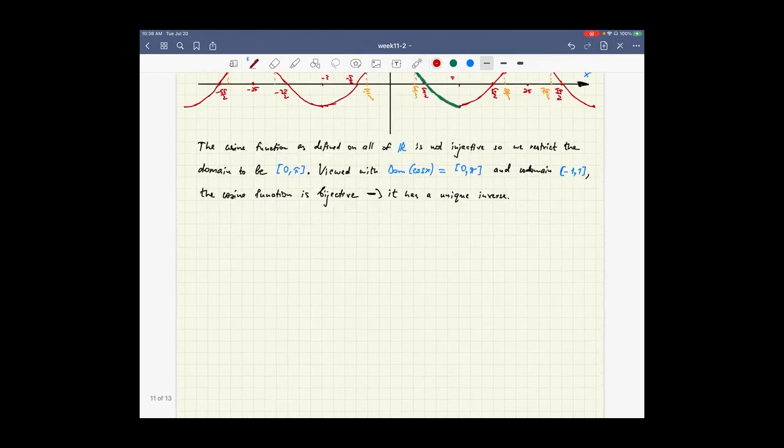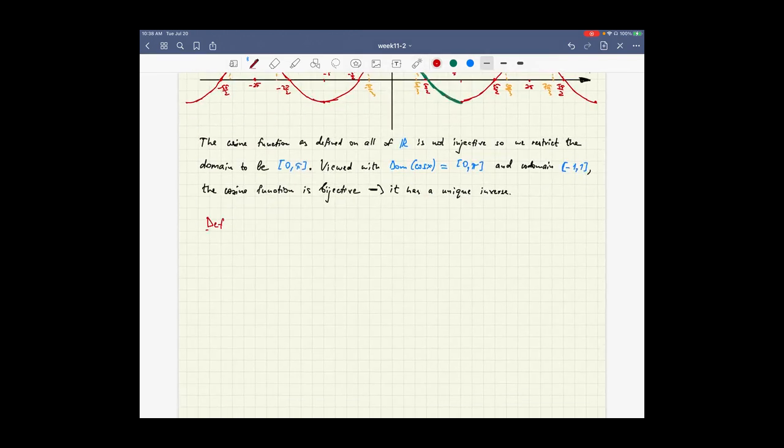That brings us to the definition, similar to the one we gave above.